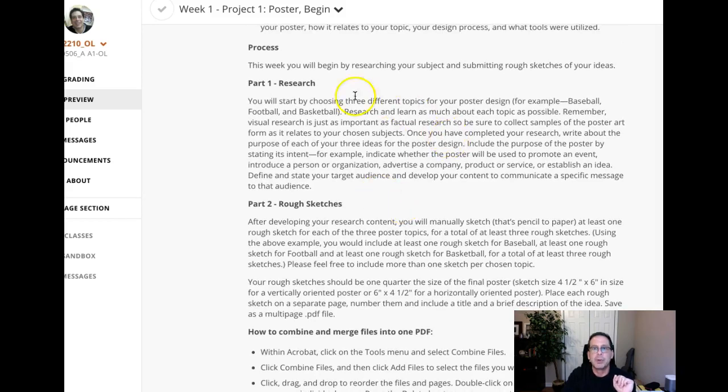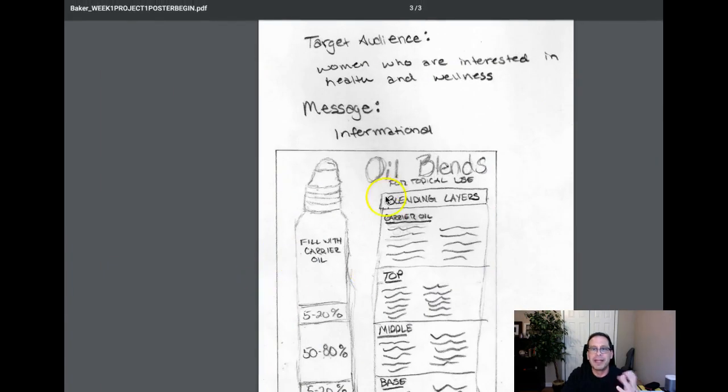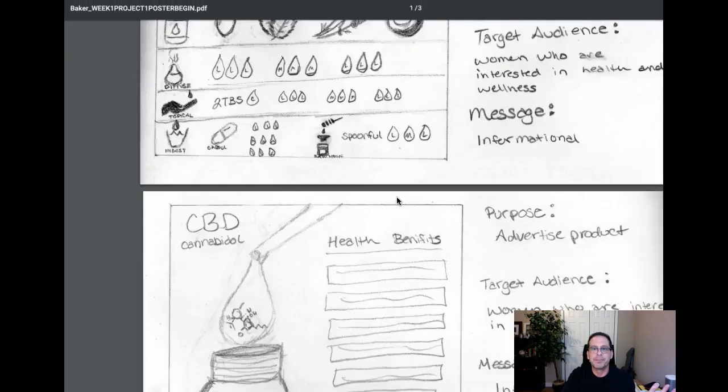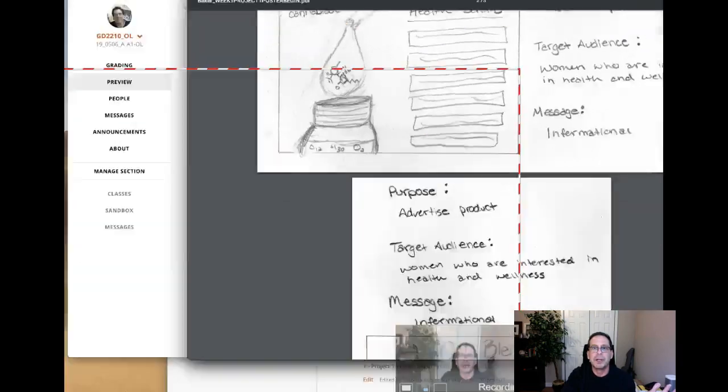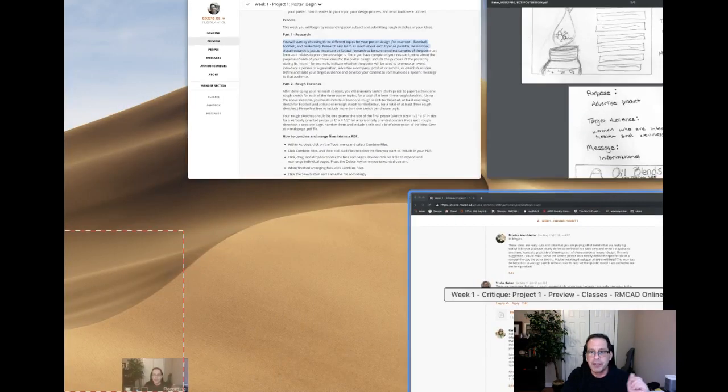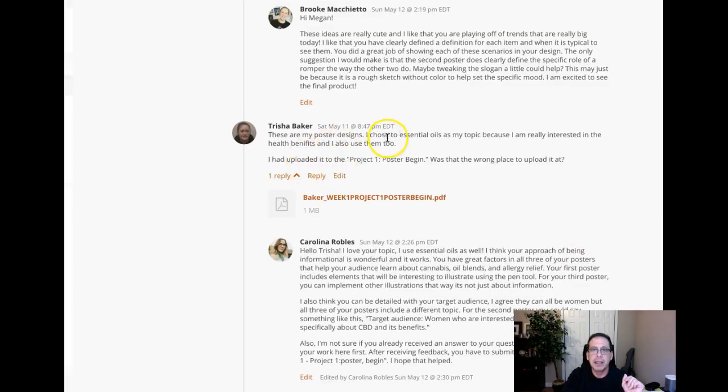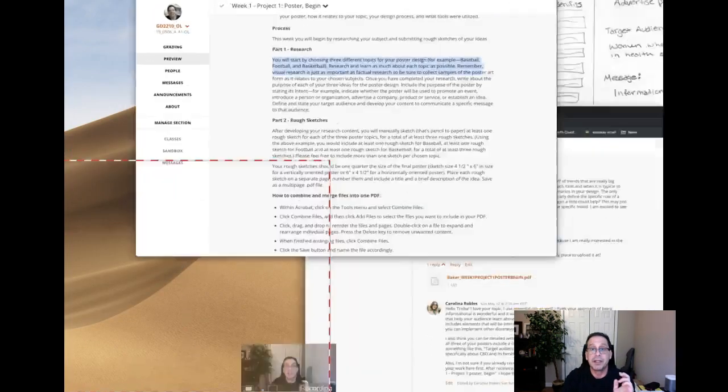You will start by choosing three different topics. Right now you have the same topic, essential oils, and in your writing you indicate that you chose to use essential oil as your topic. This assignment requires three different topics.